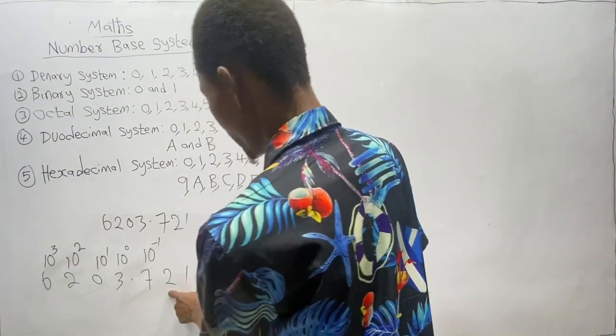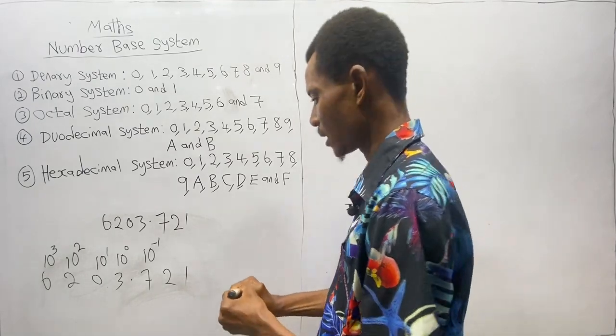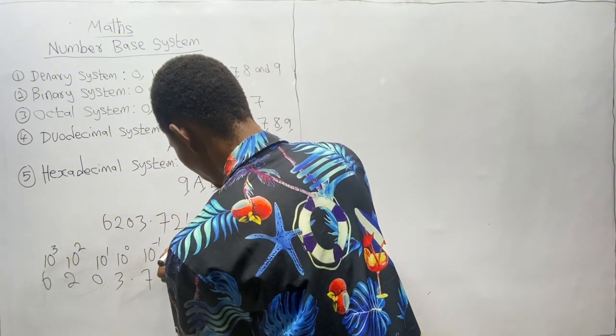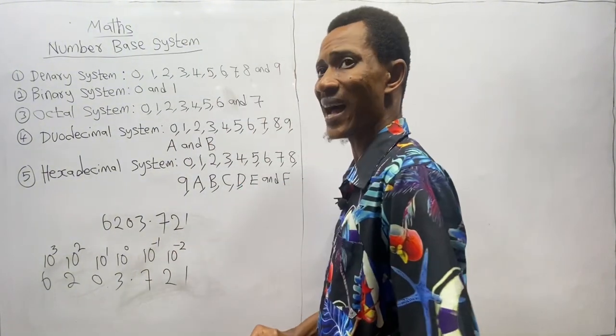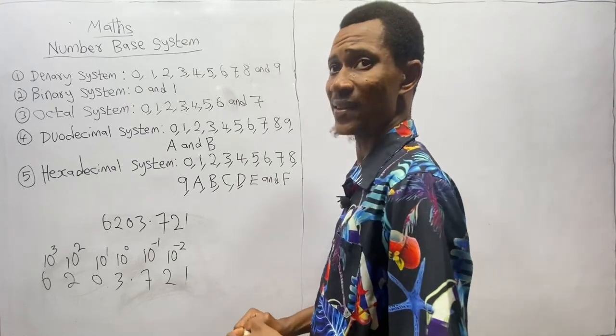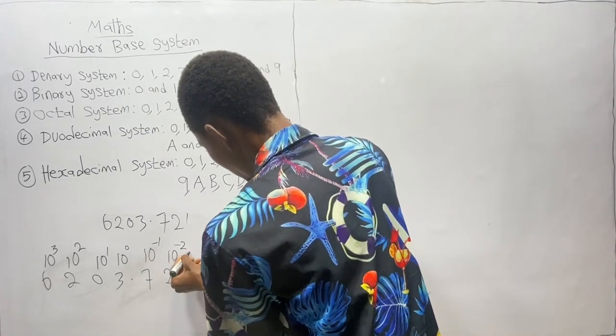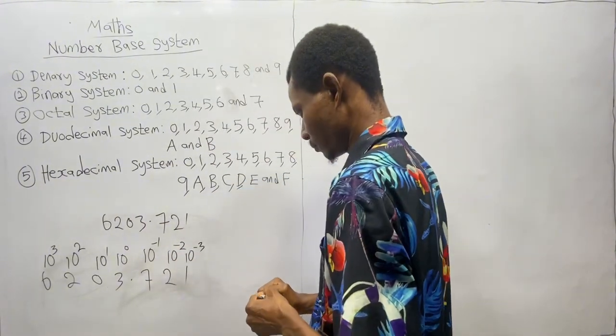The value of 2 here is hundredths, and hundredths can also be written as 10 raised to the power of minus 2. The value of 1 here is thousandths, and thousandths can also be written as 10 raised to the power of minus 3.